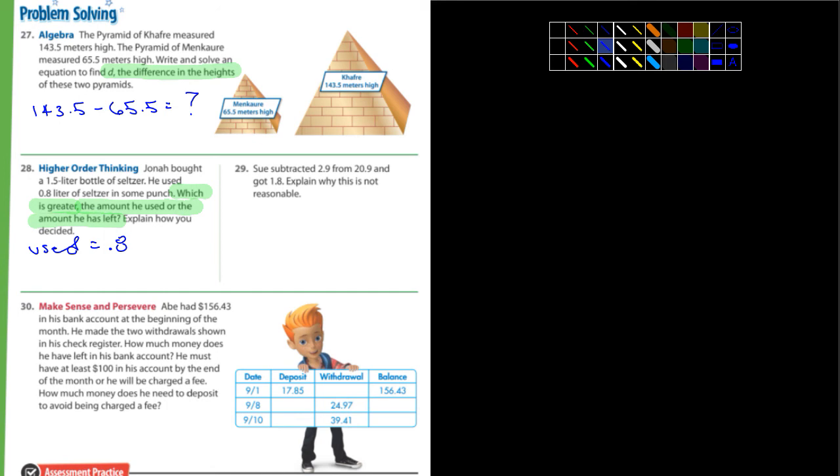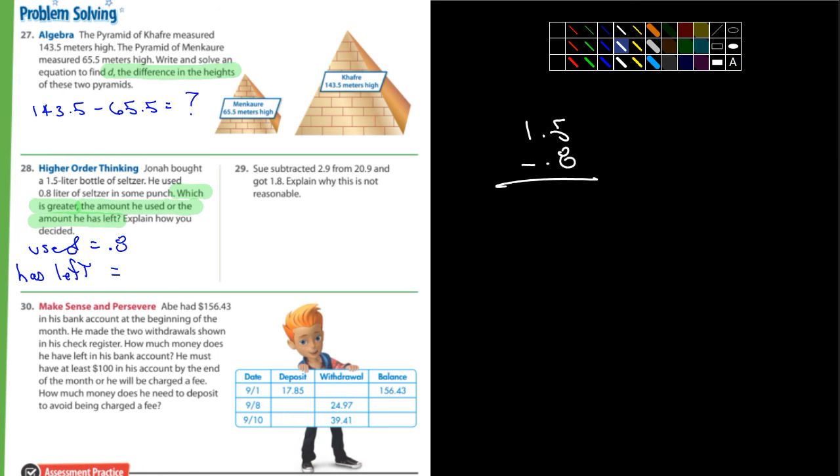And then they want to know how much he has left. I'm going to put a little equal sign there. We don't know how much he has left because you're going to have to do a little bit of math here. You're going to have to take 1.5 and subtract 0.8.